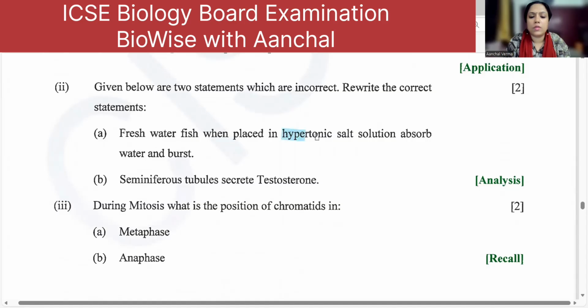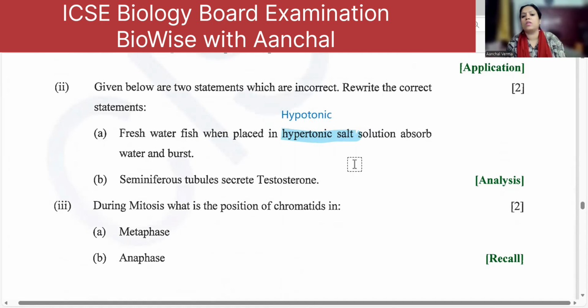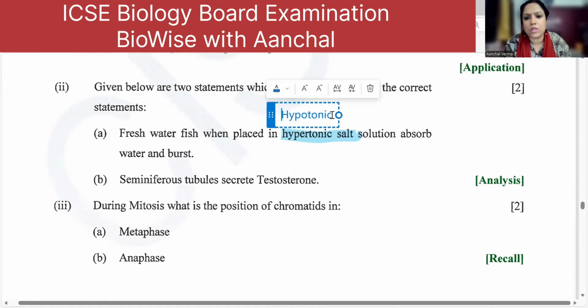It should be hypotonic. That is why water will move in, no? Try to change the least number of words, okay? Do not change the entire sentence.